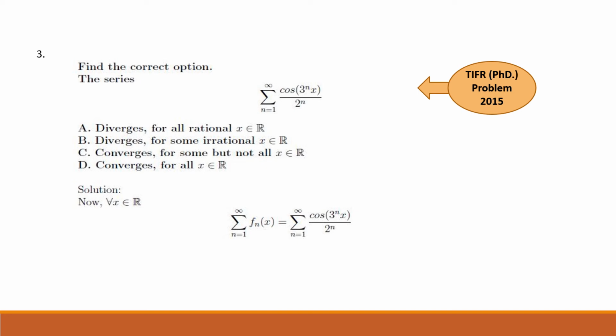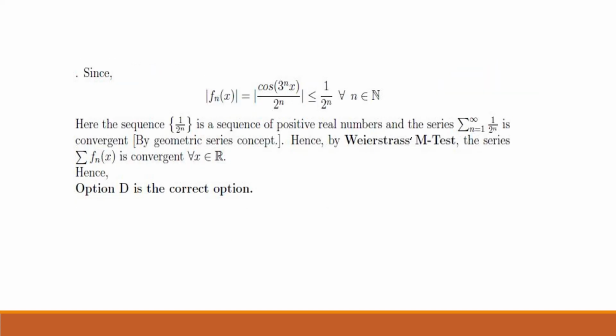So now we consider this summation for all x belongs to R. Let us write this as summation n equal to 1 to infinity f_n(x), equal to summation cos(3 to the power n x) by 2 to the power n. Then mod f_n(x) equals mod cos(3 to the power n x) by 2 to the power n, which is less than or equal to 1 by 2 to the power n. That holds for every n belongs to natural numbers.